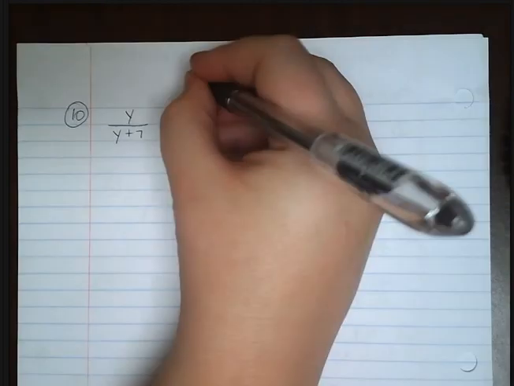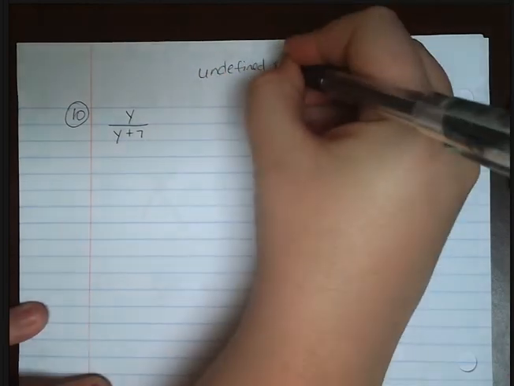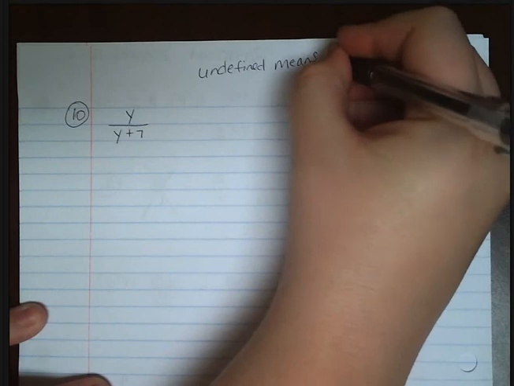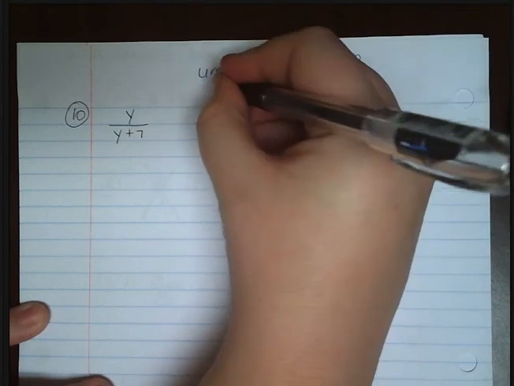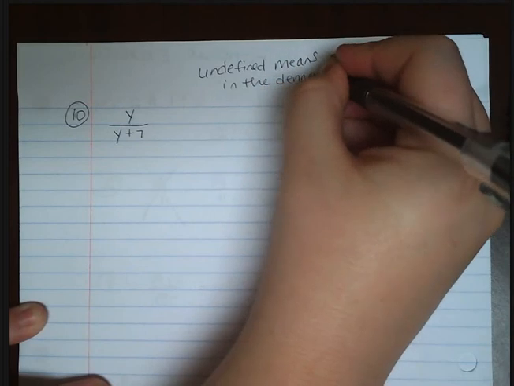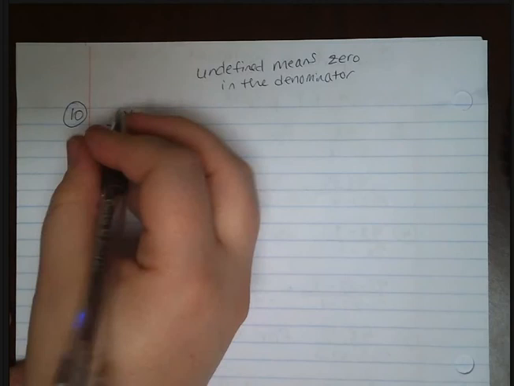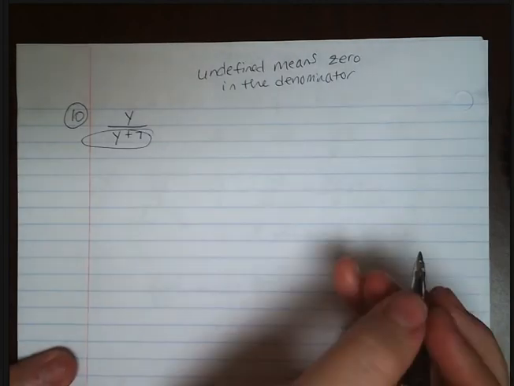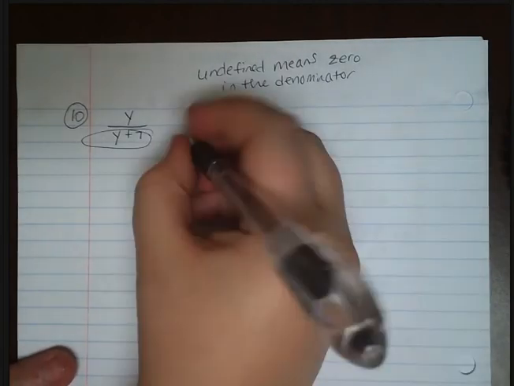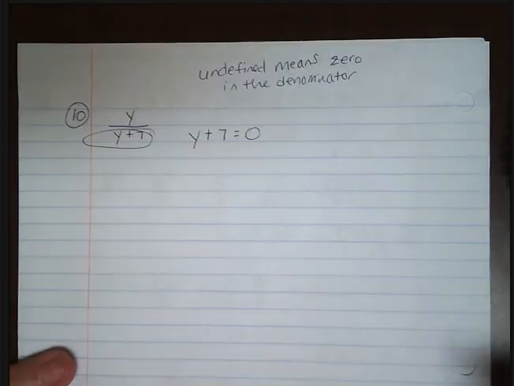Remember, undefined means 0 in the denominator. Okay, so what can I plug in down here to make that a 0? So what I can do is I can set this equal to 0 and then solve for y.